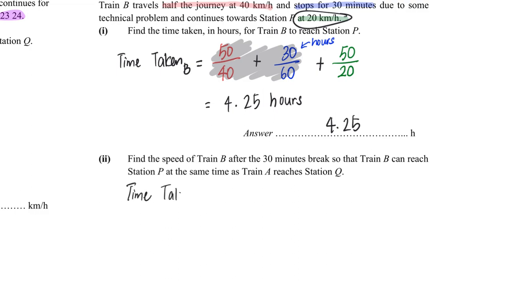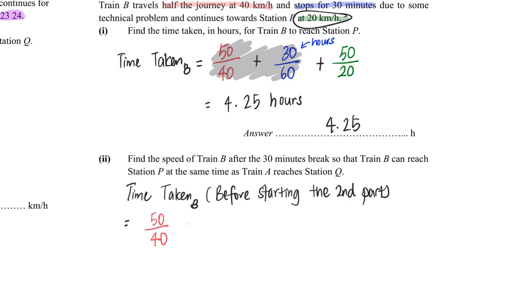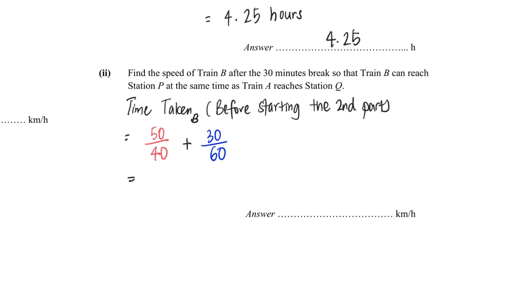So the time taken by B before starting the second part of the journey. I will have my 50 over 40 as well as my 30 minutes break. So this will be equal to 1.75 hours.